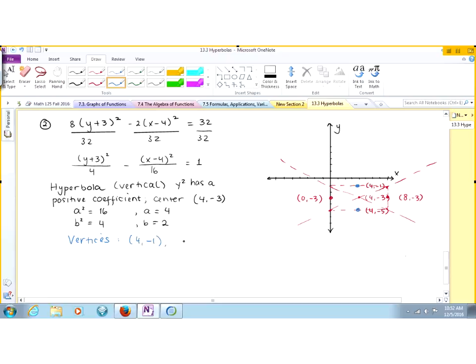My vertices are 4 comma negative 1 and 4 comma negative 5. So you got to box this. This is being asked. And then the center also, you got to box this. This is being asked. And we will draw the hyperbola. So it looks like this. So it's actually not like a parabola, right?